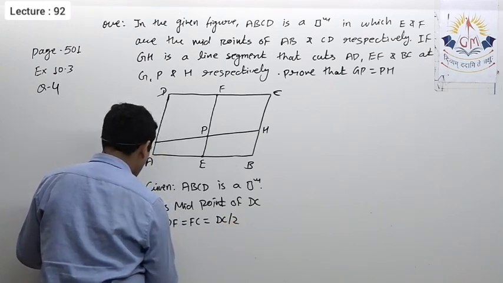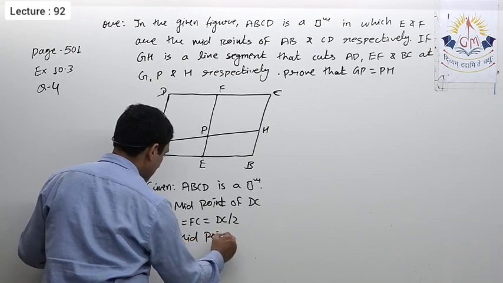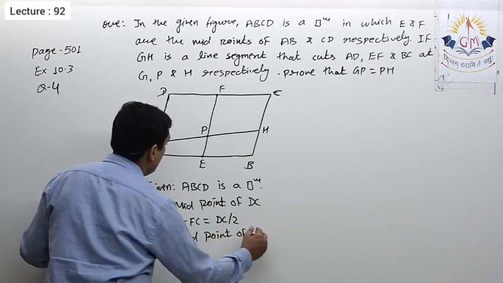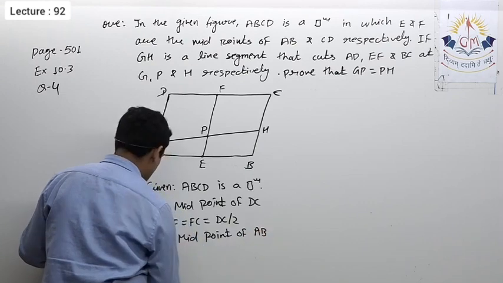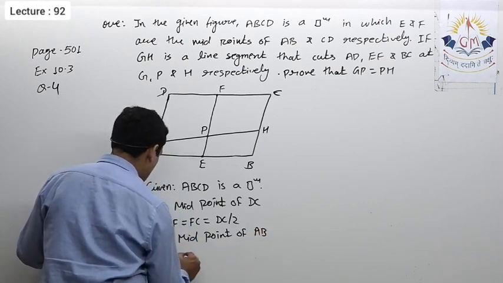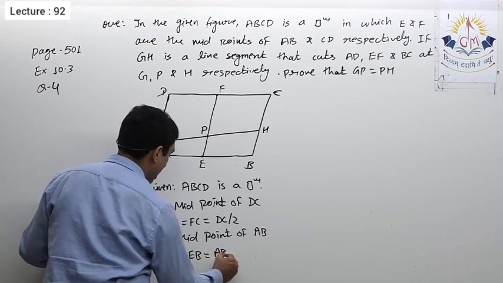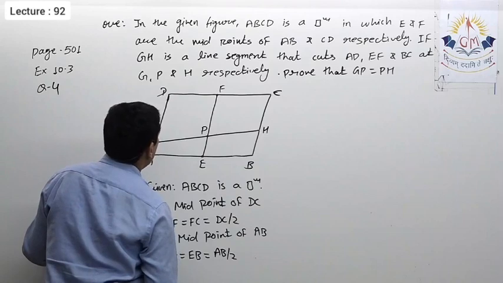E is midpoint of AB, that is AE equal to EB equal to AB by 2.